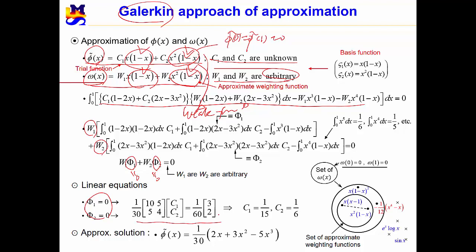These linear equations are the same as those by this method, implying that the solutions of Galerkin approximation are identical with those of Ritz's approximation. Thus we don't have to discuss the result again here.